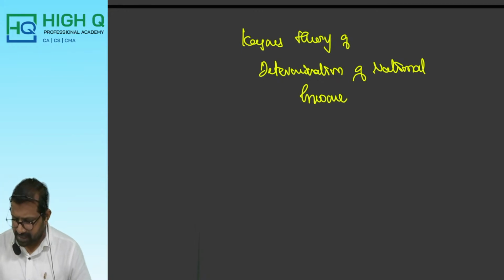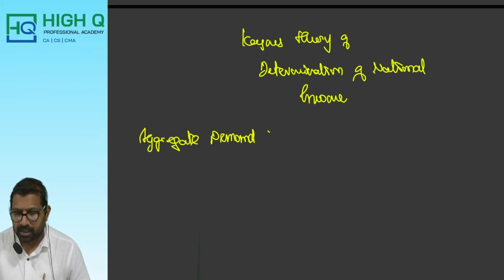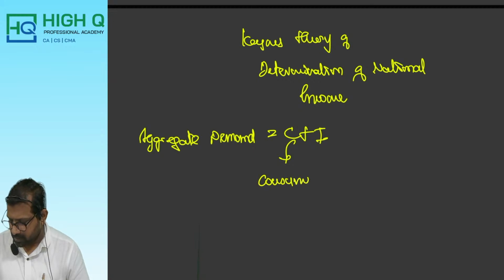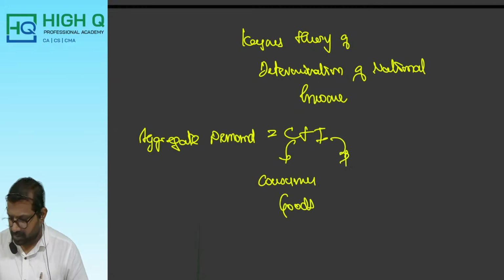See, in this Keynes theory formula, from the examination point of view, aggregate demand equals C plus I. C for consumer goods, I for investment goods.